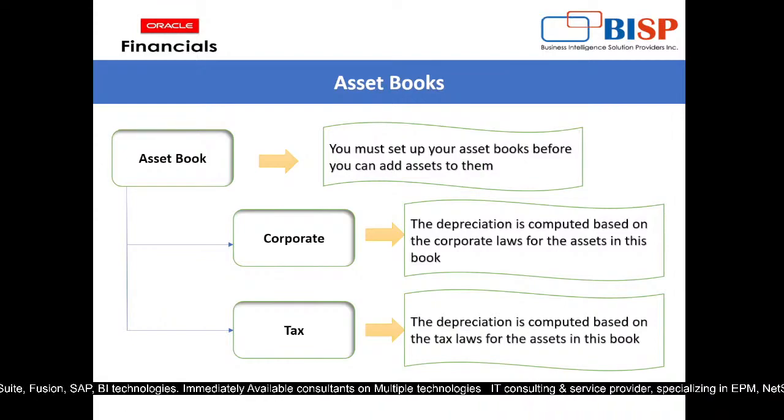You can set up multiple corporate books that create general entries for different ledgers or for the same ledger. In either case, you must run depreciation and create general entries for each book.